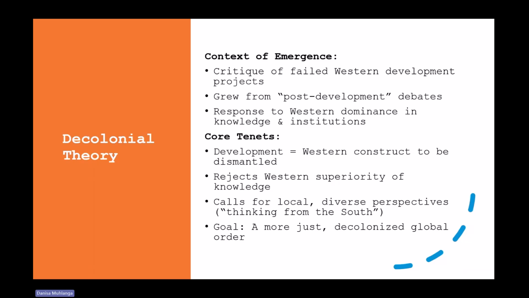You understand? Everything that was done during colonization cannot continue. And it starts where? It starts in the mind. So that mental structure needs to be dismantled. Once we start with the mind, we'll be able to change a lot of things.